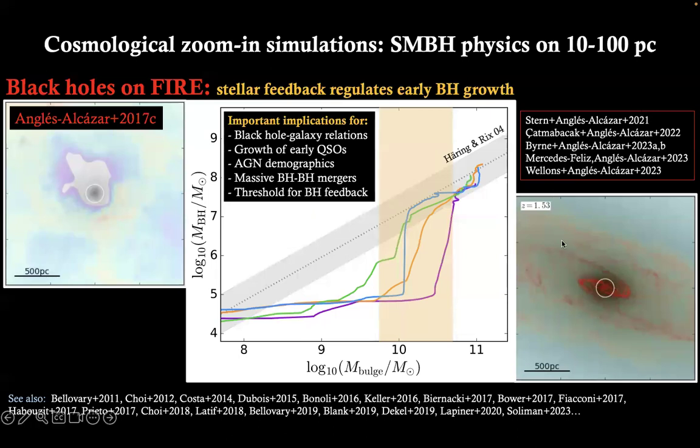Now, I should say there is still a lot of uncertainty in this picture. I should also emphasize that many groups have seen effects like this, with stellar feedback suppressing black hole growth. It's important to emphasize that the initial black hole mass is still very uncertain.